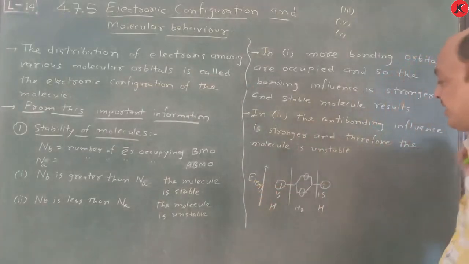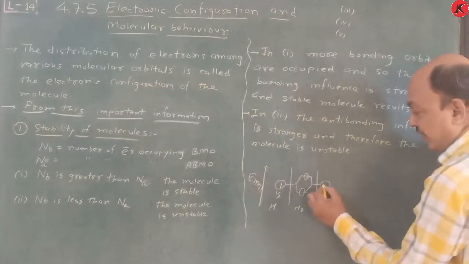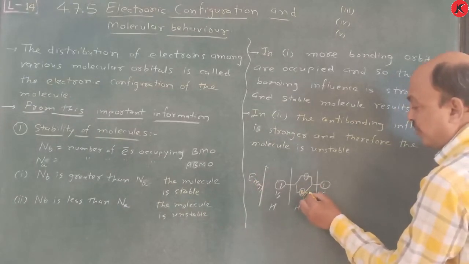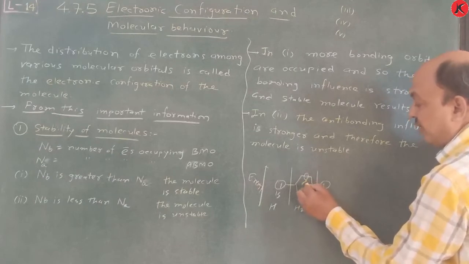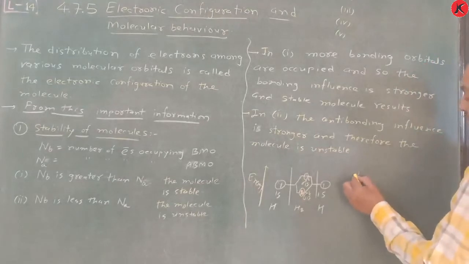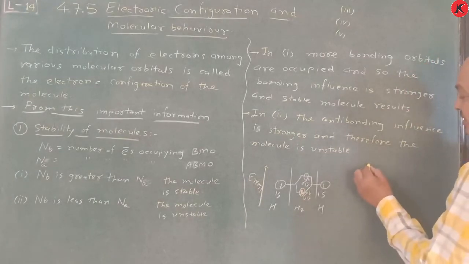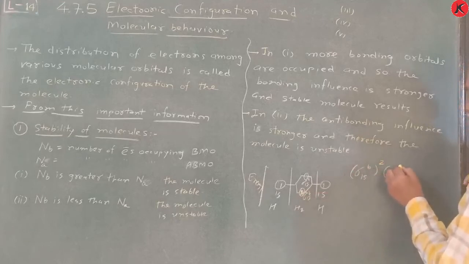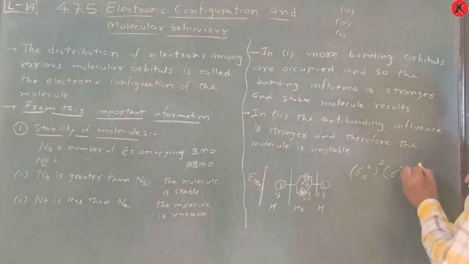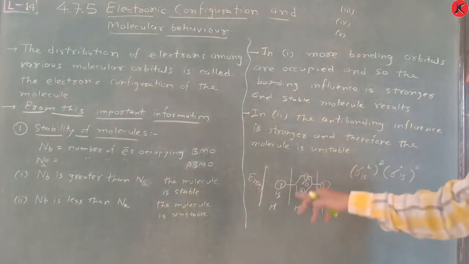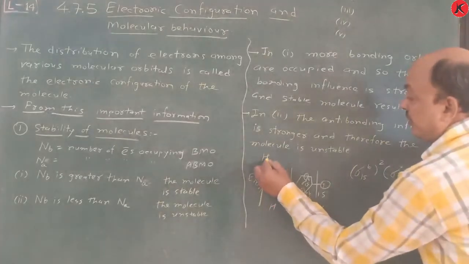Energy increases, so here one electron is there, here one electron is there. This is sigma 1s bonding, and this is sigma star 1s. So the electronic configuration of the H2 molecule is sigma 1s bonding with how many electrons? 2. And sigma star 1s in which 0 electrons are there. So this is known as the electronic configuration of the molecule, for the H2 molecule.